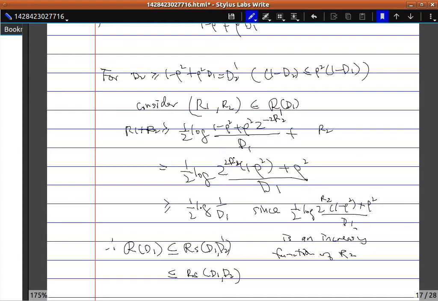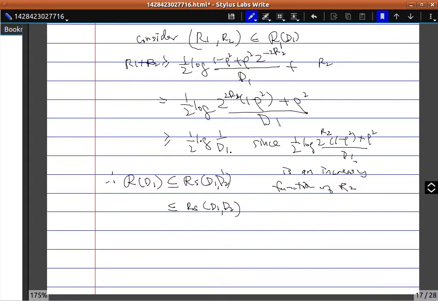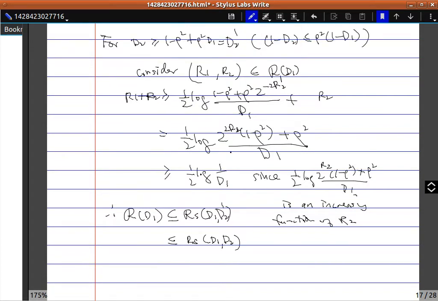Because as R2 in 1 minus rho square is bigger than or equal to 0, as R2 increases, this thing increases, and so that whole thing increases. So therefore this has to be bigger than or equal to 1/2 log 1 over d1. And so therefore this thing should be set.